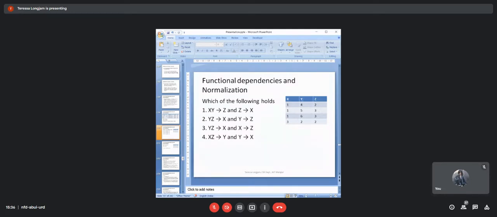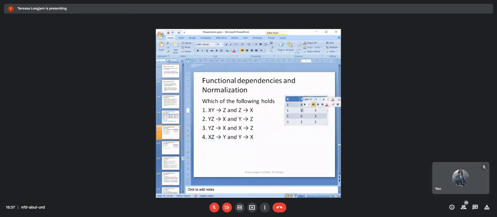Let us see number 4: X, Z determine Y. If x and z have 1 and 2, then the value of y is 4. If the combination of x and z is 1 and 3, then the value of y is different.